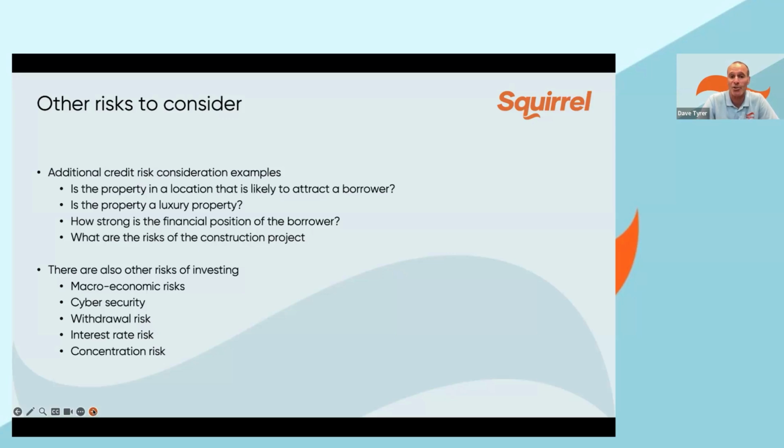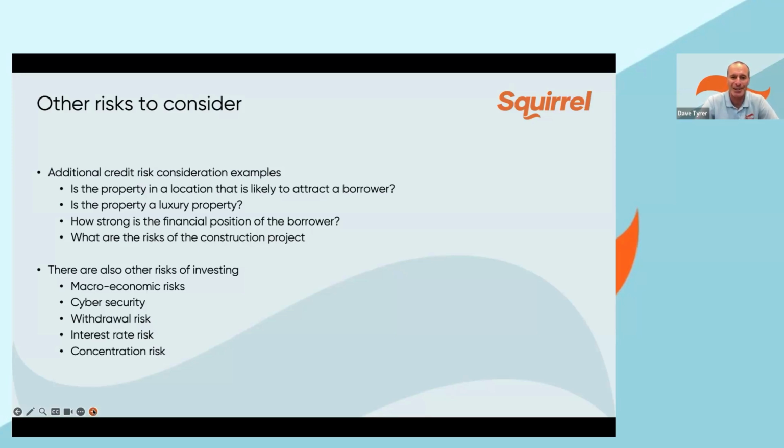We also look at how strong is the financial position of the borrower. A stronger borrower with a better net asset position and better income is likely to be a stronger risk than someone who doesn't have those things in their favour. In the case of construction projects, we'll try and understand all the various risks that go into construction.